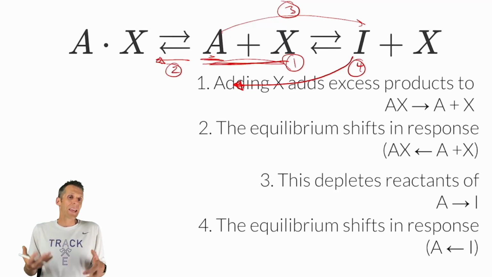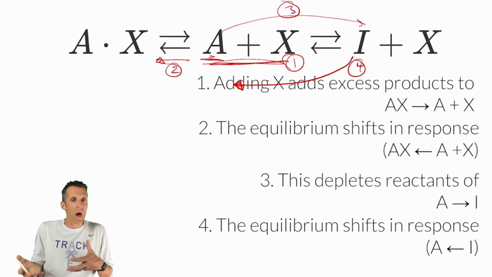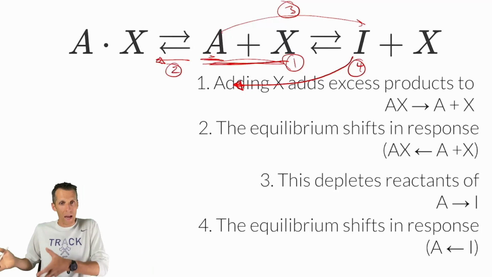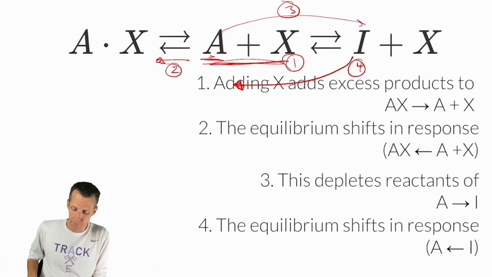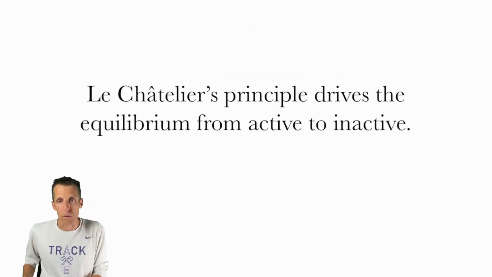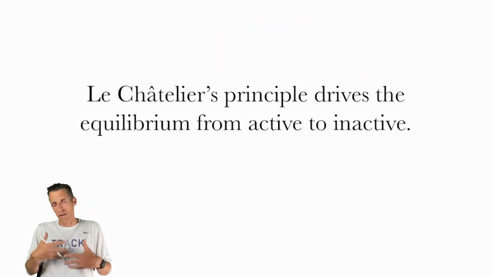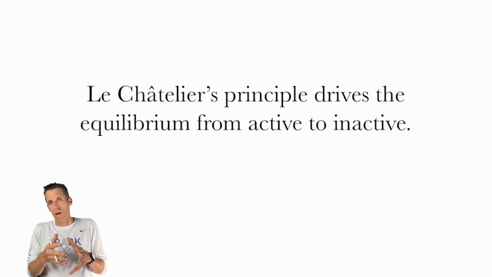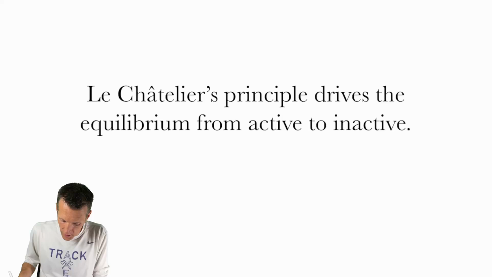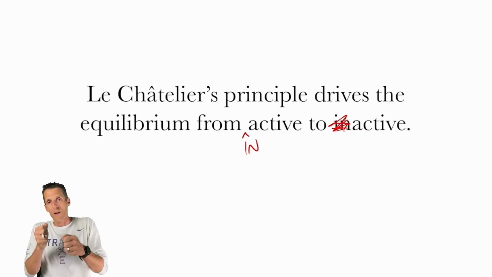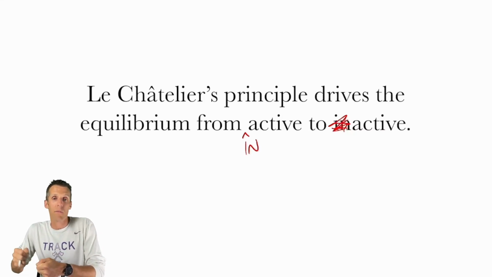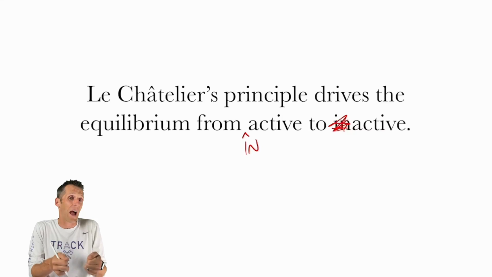So what adding X is doing as it binds to A, it depletes A, so I has to flow into A. And if you do that long enough, you end up with all A. And what we're seeing then is that Le Chatelier's principle is driving the equilibrium from favoring the, wow, I drew that totally backwards. Inactive to active. Glad I looked at that as I was talking, or I would have just had a very confusing video. So Le Chatelier's principle drives the equilibrium from inactive into its active form.